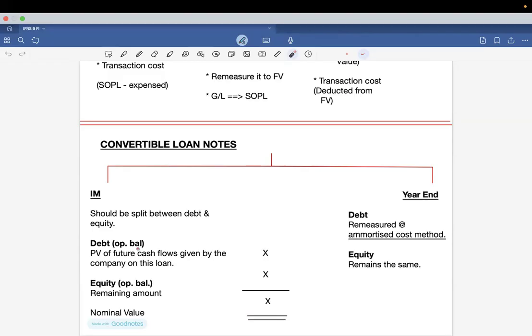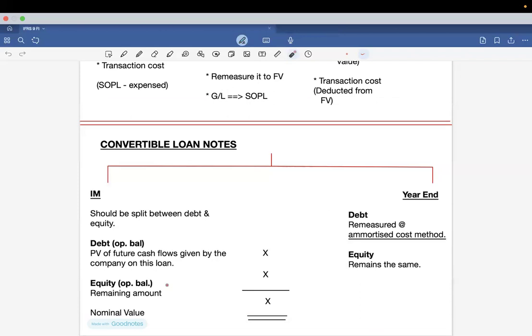So the debt can be converted into equity, that is ownership. For the debt, the opening balance is going to be the present value of future cash flows given by the company on this loan. You would be given data where the present value of the cash flows would be calculated. That means you would be given a discounting factor and the amount of money equivalent to the installments that you are going to pay.